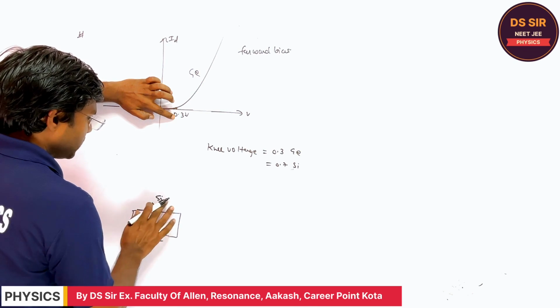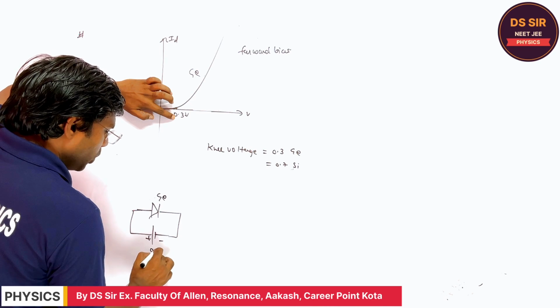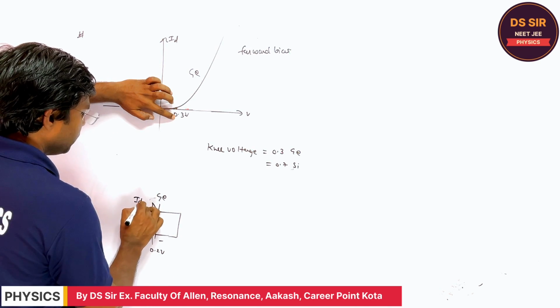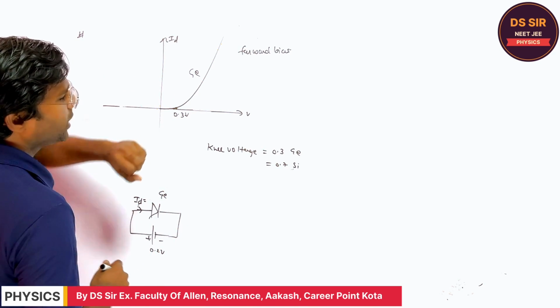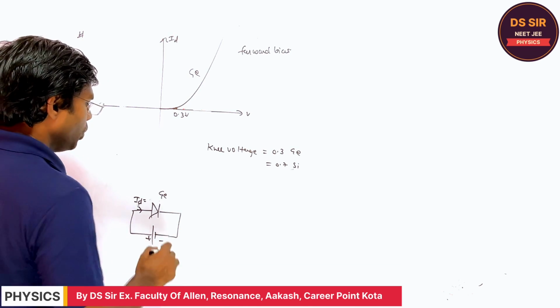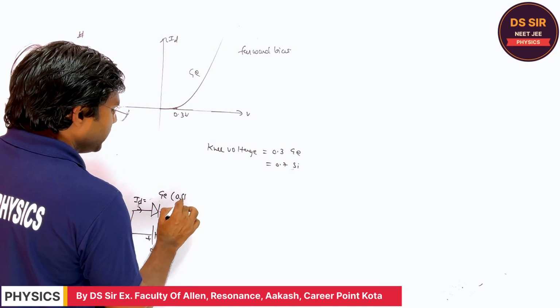Suppose this is the germanium diode. If you apply 0.2 volt, what will be the diode current in this case? You tell. If this is the germanium diode and you apply 0.2 volt, yes, 0. So the diode is off in this case.